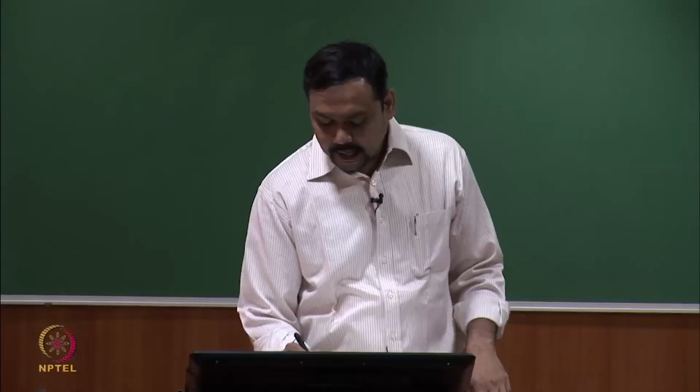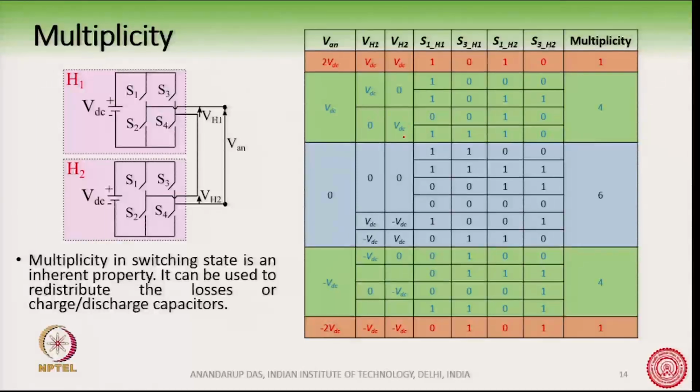In that case I will use this multiplicity instead of the other one. I will choose this one, because then I am able to bypass the capacitor, so that the voltage on the capacitor is not further increased. The reverse is also true.